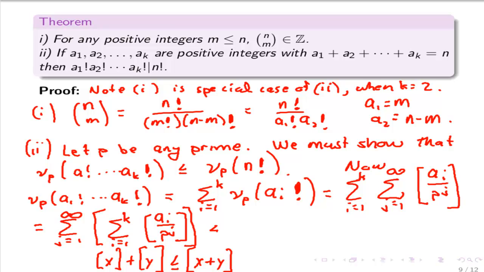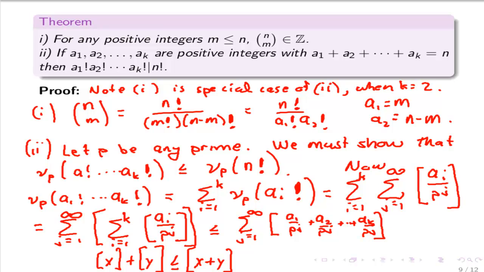And then we do induction to get the same thing to hold true if I'm adding up k different brackets. So I'm adding up k different quantities here. And so that would be the bracket as I sum these quantities inside. So you'd have a1 over p to the j plus a2 over p to the j, like this. Now, what does that add up to?